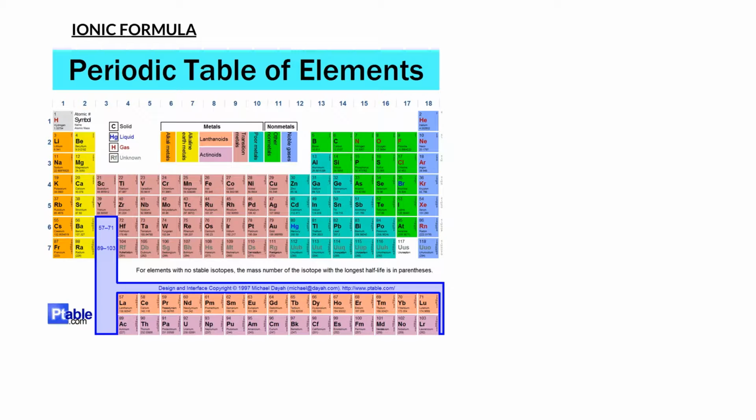Okay, so this is just going to be a quick tutorial on determining ionic formula and the steps that I use to do that. I really break it down into 4 steps. The first one is to work out the symbol for each ion. The second is to determine the charge of each ion.